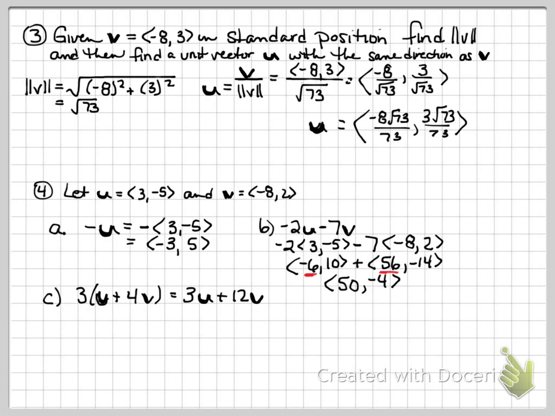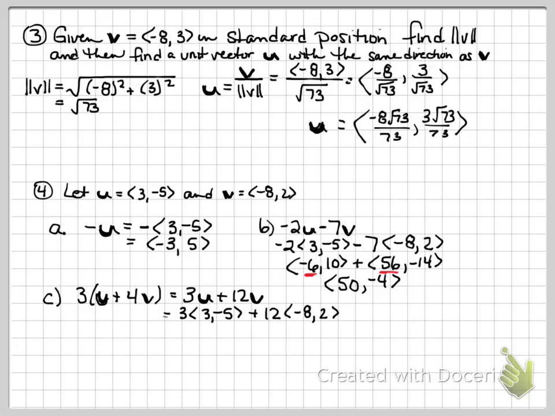Apply my components. The components for u are <3, -5> plus 12 times vector v, which is <-8, 2>.